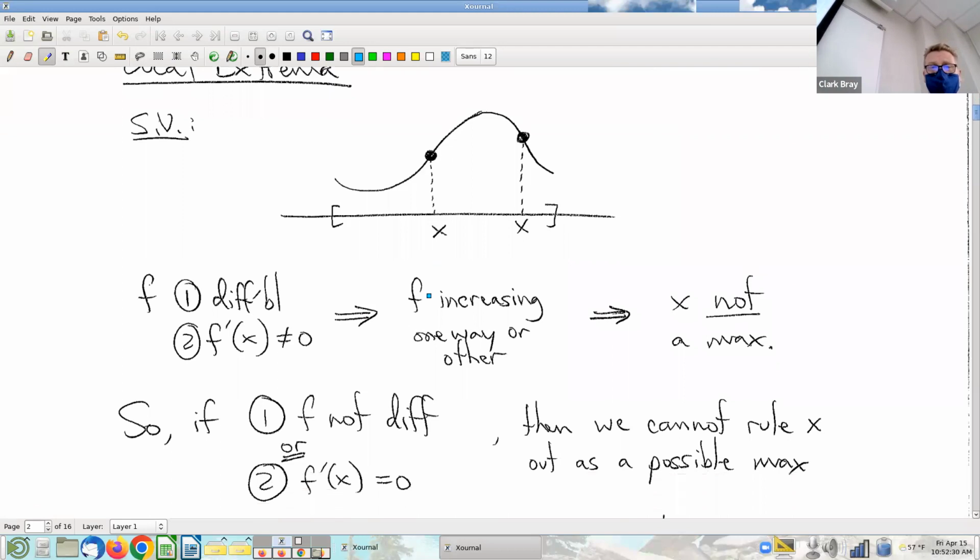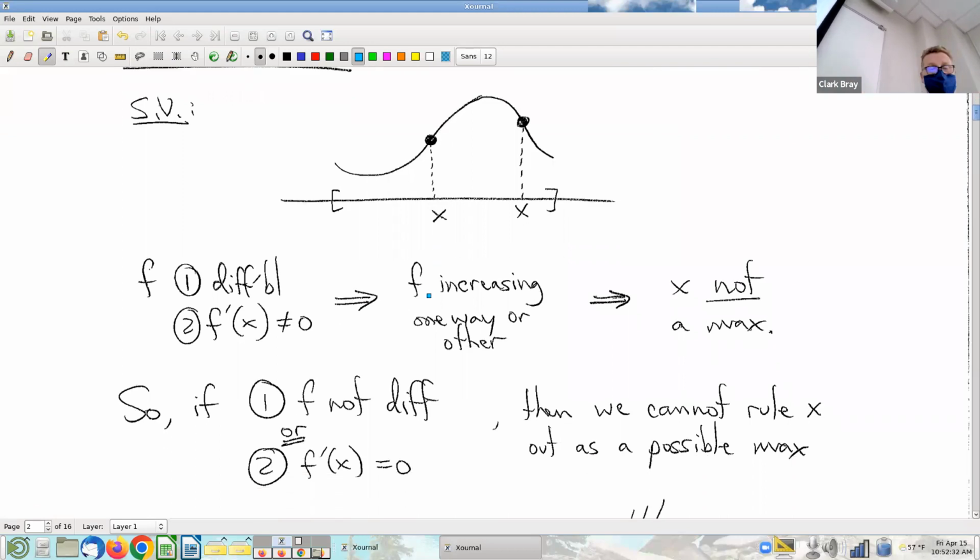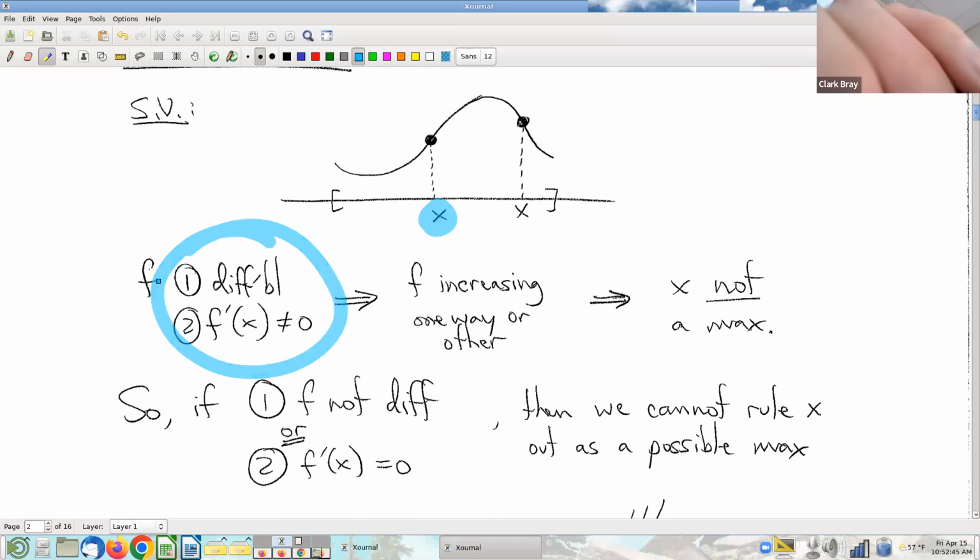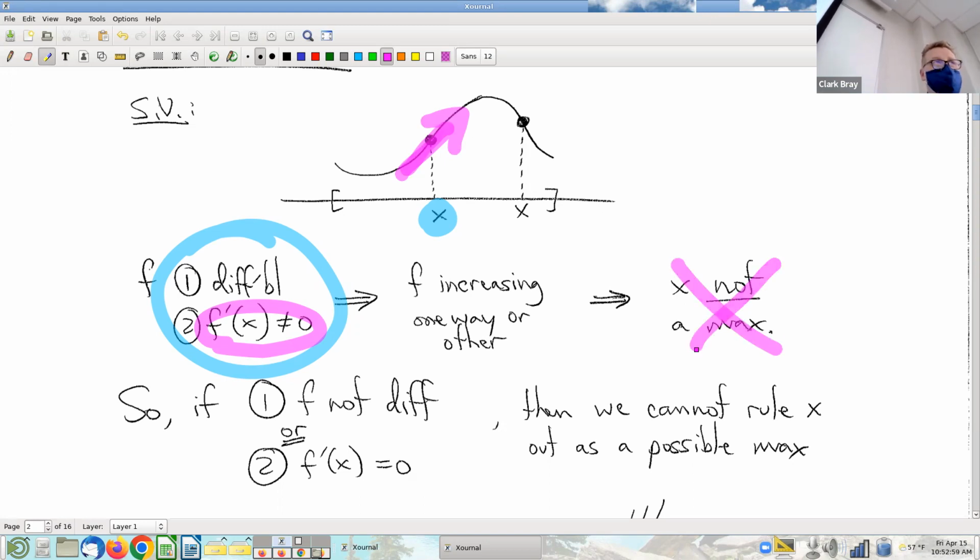This is a review, so we're going to blow through this really fast. It's a process of elimination. I argue as follows: if I find a point like this, where the function's differentiable and the derivative is not 0, that means the function is in the process of increasing. There's no way it could possibly be a max.